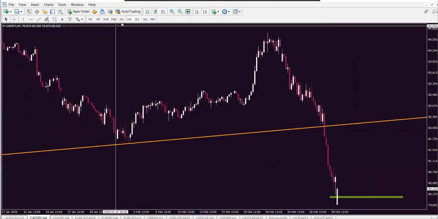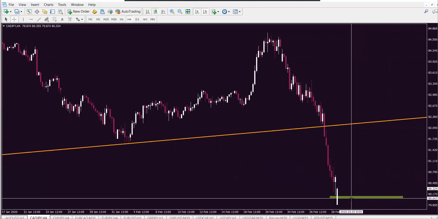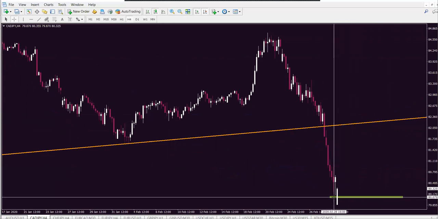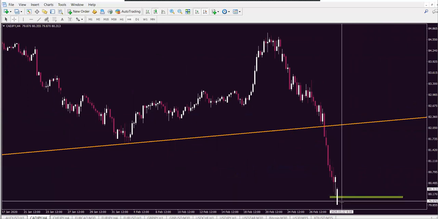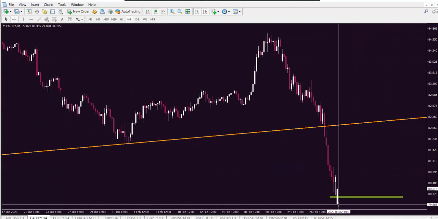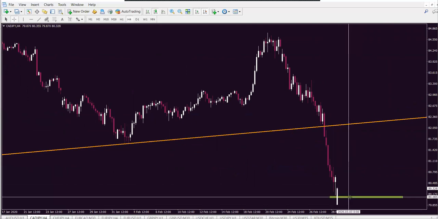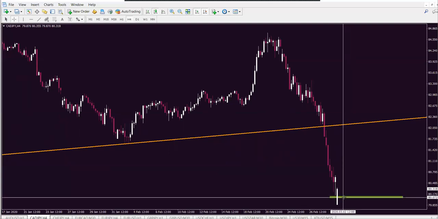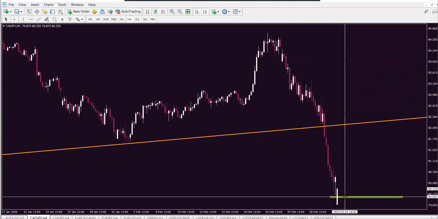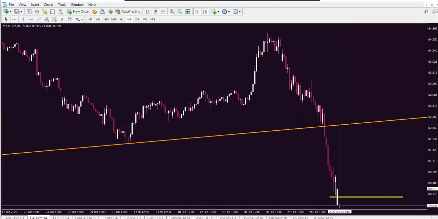Yes, so this was a setup. We're actually looking for a break of this candle, because this candle just came out. This is where the market gapped down through the point where I was looking for. So for this one, although it gapped through the low, I would definitely now be looking for a break below this point to sell.